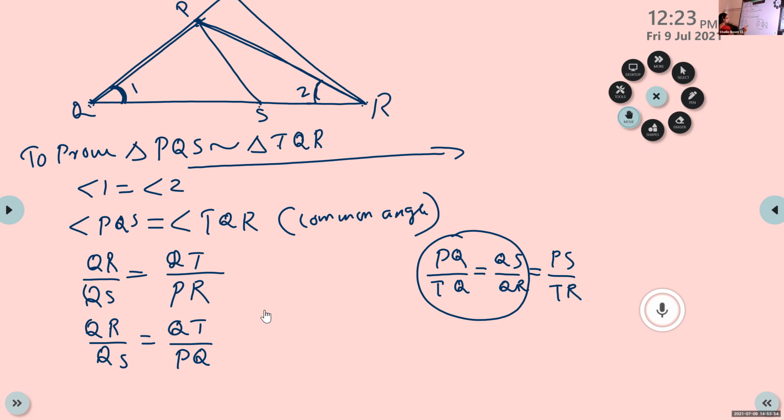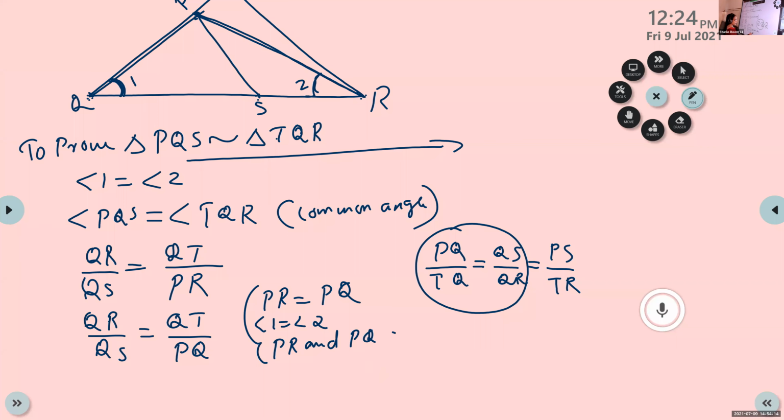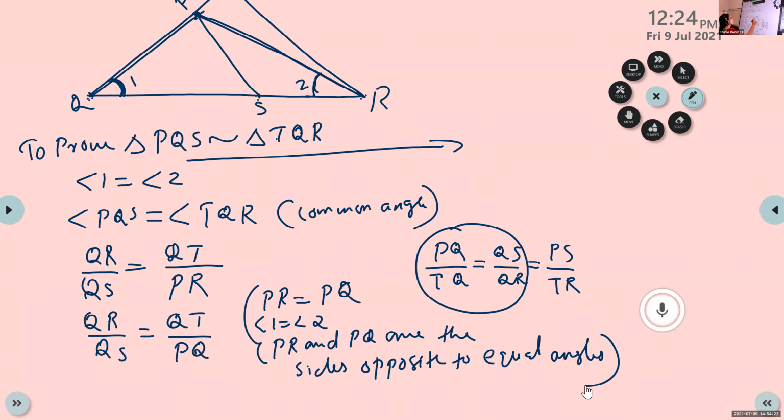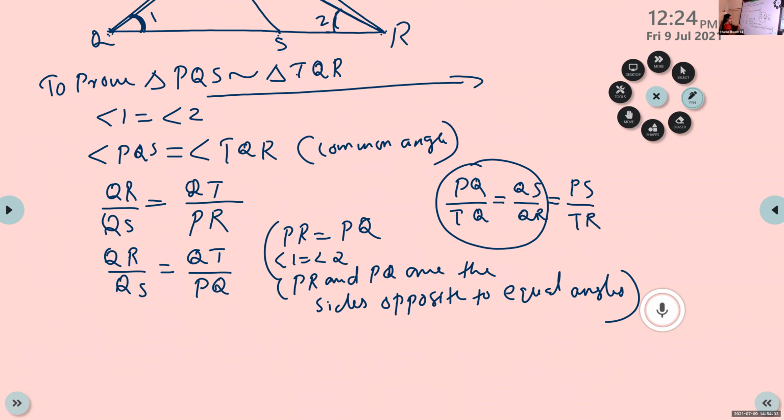Here you can write PR equal to PQ. Write the reason: because angle 1 equal to angle 2. PR and PQ are the sides opposite to equal angles. Okay, so now taking the reciprocal.